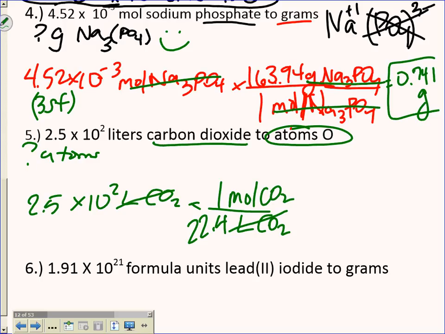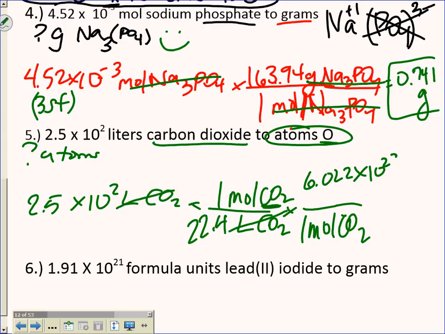If I wanted to go farther so I could whittle down to just atoms, what would I go to next? I can't go straight to atoms because that's just a single element, right? What's this thing called again? That's a molecule. So give me from moles to molecules. You write a mole on the bottom. So 1 mole of CO2 contains lots and lots of molecules, 6.022 times 10 to the 23rd molecules of CO2.